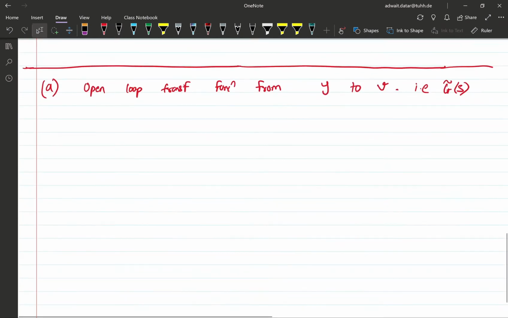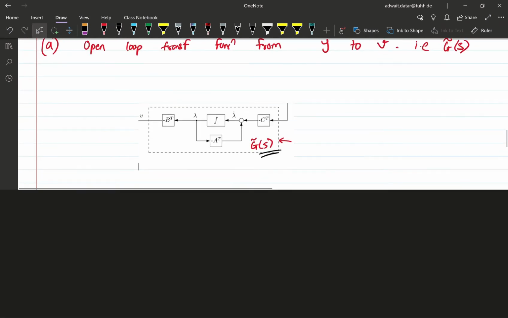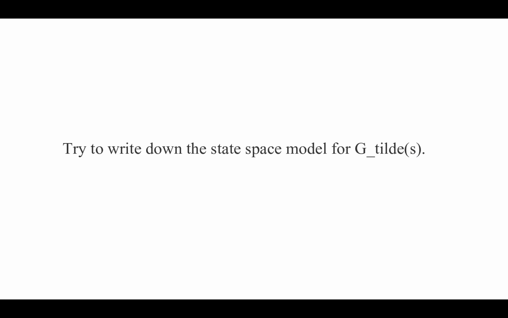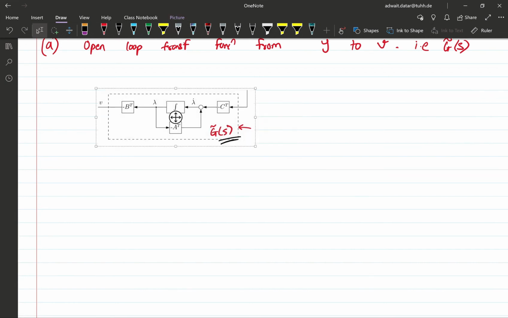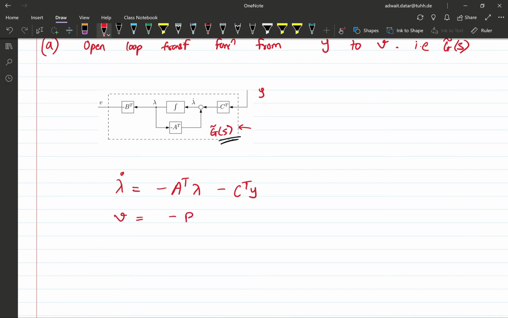Here, so we can see now that lambda dot is minus A transpose lambda, so this is y, minus C transpose y, and V is minus P transpose lambda.